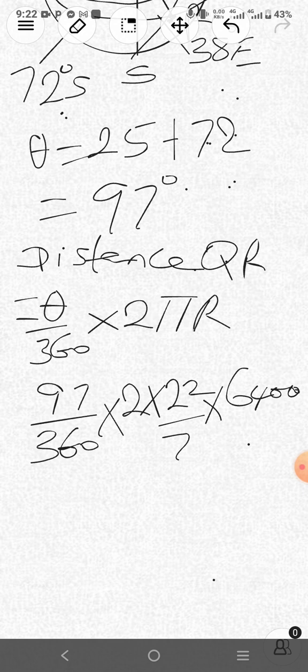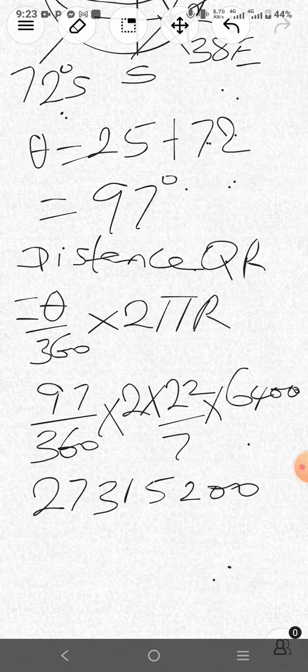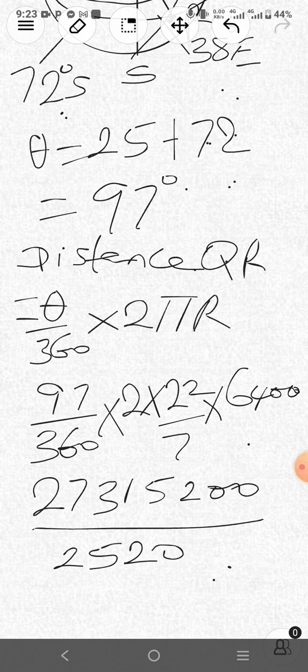That will give us 27,315,200. Then 360 times 7 will give us 2520.